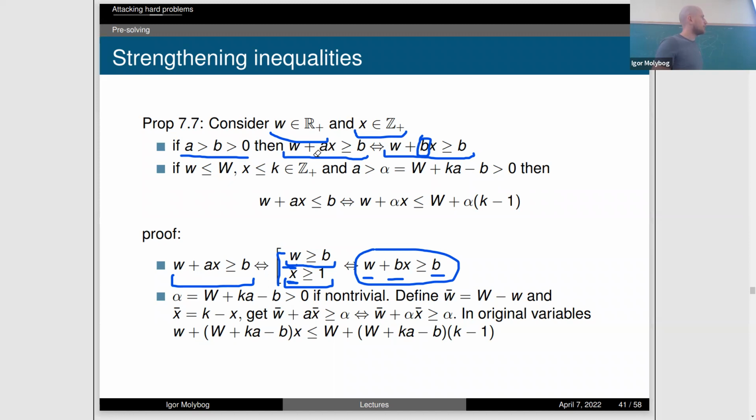Yeah, because if you substitute, then it would be sufficient that x is equal to 1. Like saying that x is equal to 1 is sufficient for the entire inequality to hold. But if x is equal to 0, then w has to be greater than or equal to b. And this is something that is satisfied.